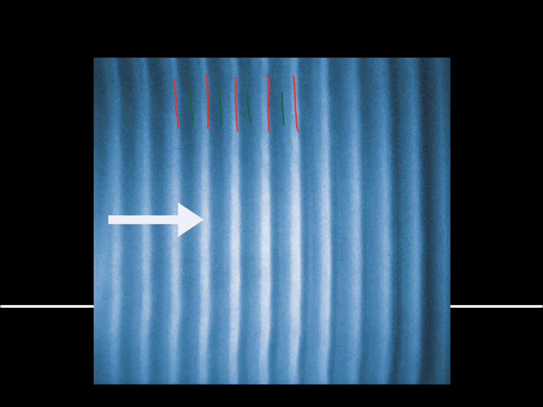A wavelength, you'll remember, is the distance between adjacent crests, and is given the symbol lambda. In this photograph, the waves are traveling from the left to the right.